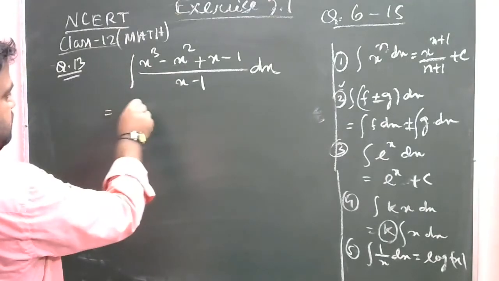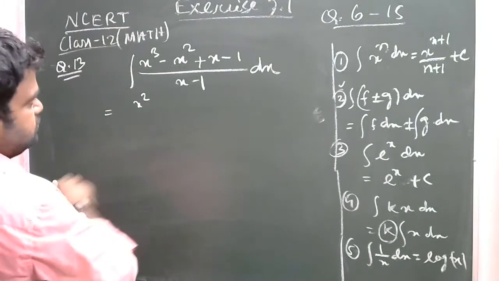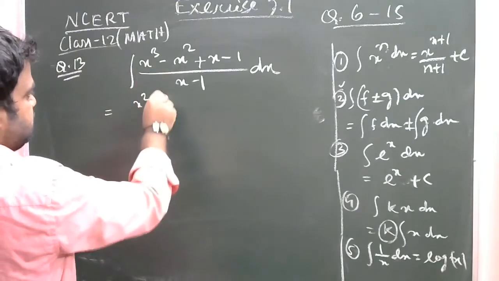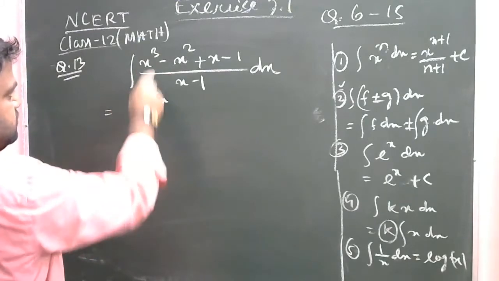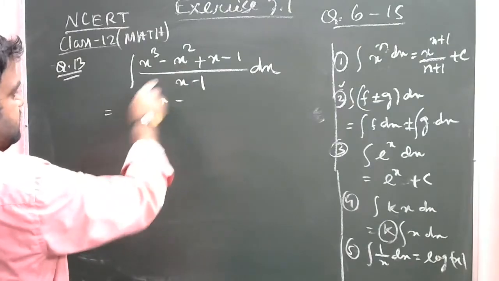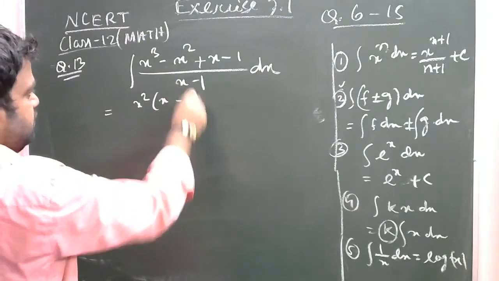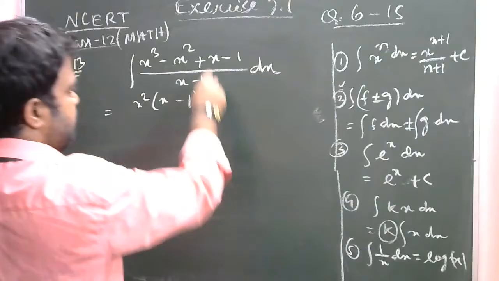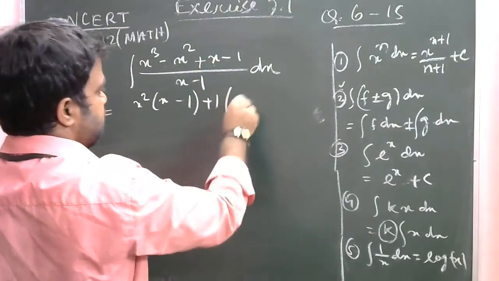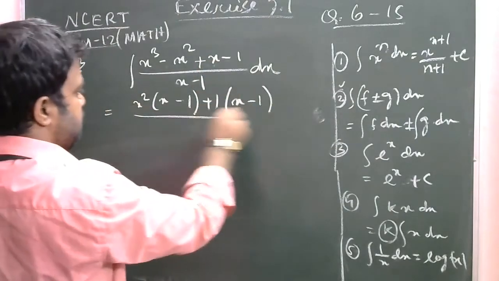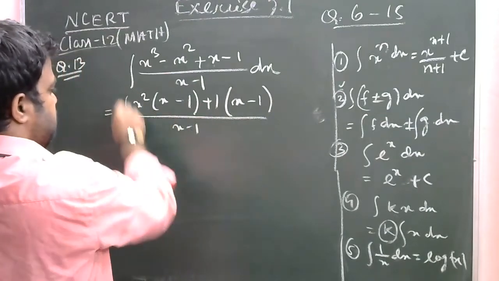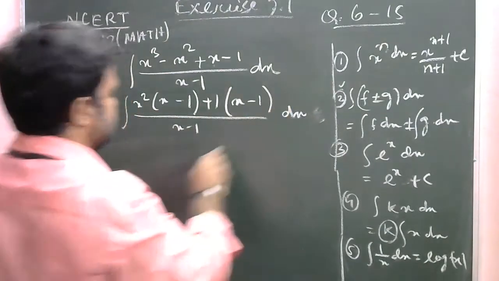So let's see, if I take x square common, here x will be there, x square into x cube, minus, if I take x square common from here, it will be 1, plus 1 I'll take common here, so x minus 1 divided by x minus 1 dx.